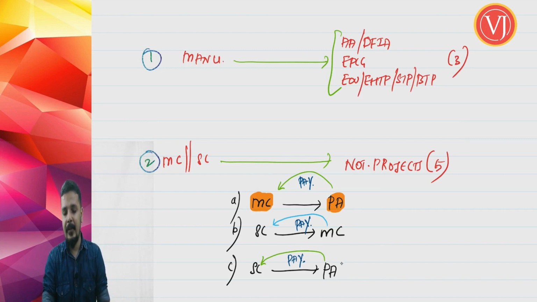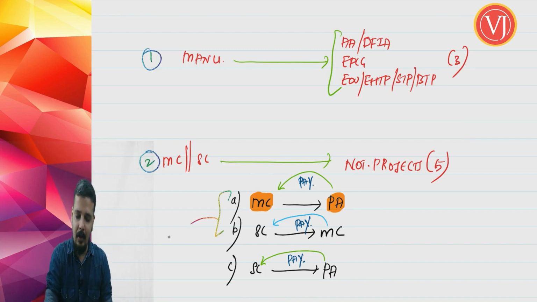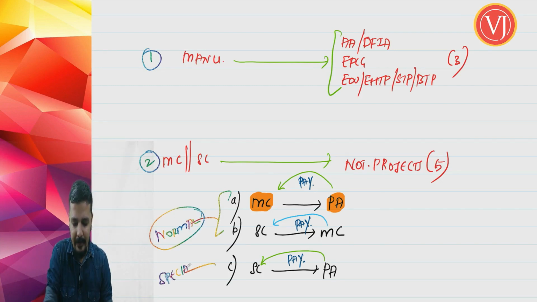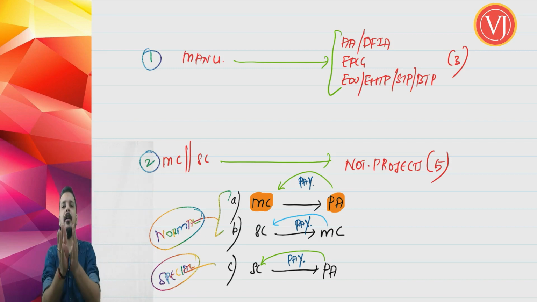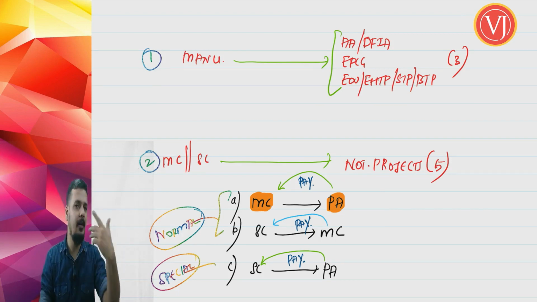Now friends, this will not happen usually. The first two are normal cases. The third is a special case. Why? First two are normal cases. Subcontractor to main contractor to project authority is the sequence, and both are deemed exports. Subcontractor to main contractor will make the payment, deemed export.